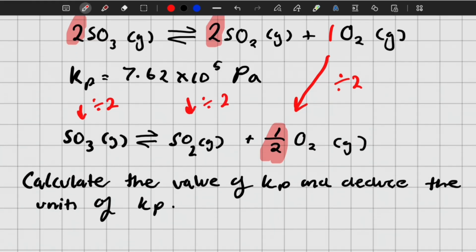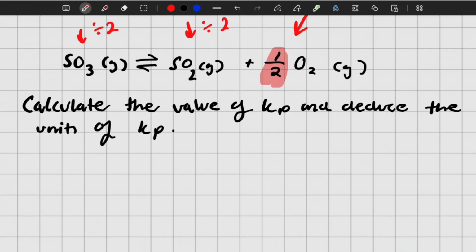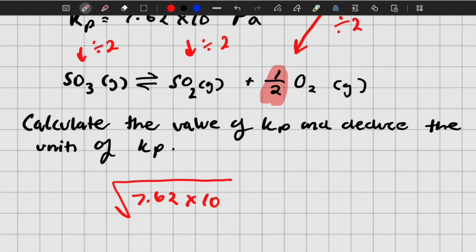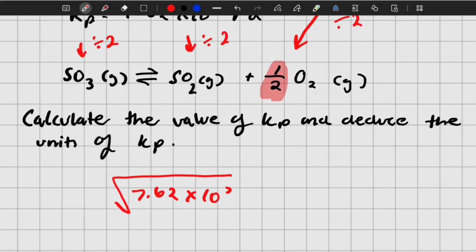So in order to calculate the value of Kp, you have to do the square root of the Kp value, which is 7.62 times 10 to the power of 5.